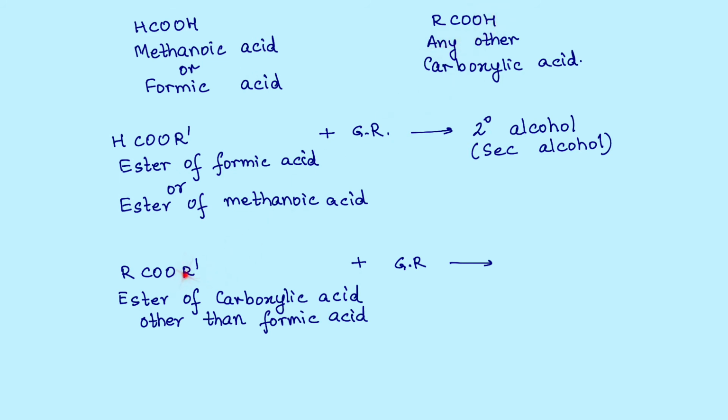So R dash over here, in order to distinguish between the two, RCOOR dash reacted with Grignard's reagent gives us a 3-degree alcohol, or what we call a tertiary alcohol, right? And remember, it's this R which is going to be incorporated in the alcohol, not this R dash. R dash is going to go away. Clear?